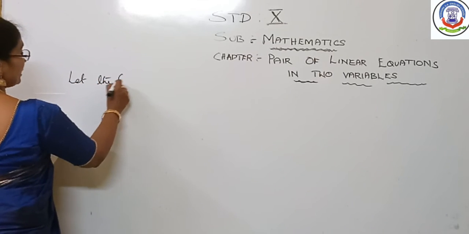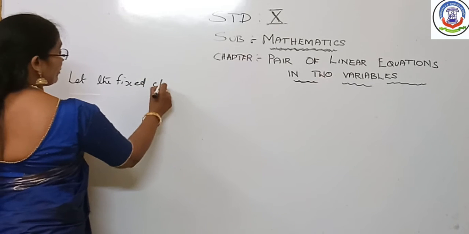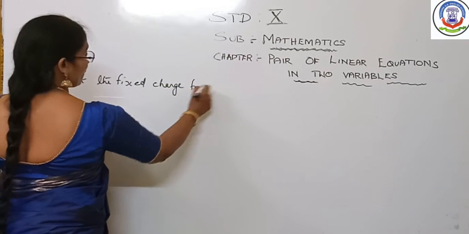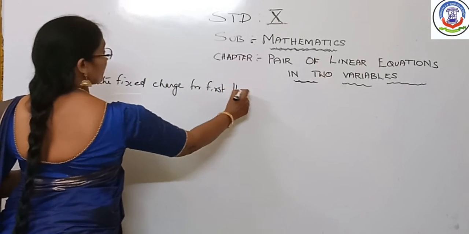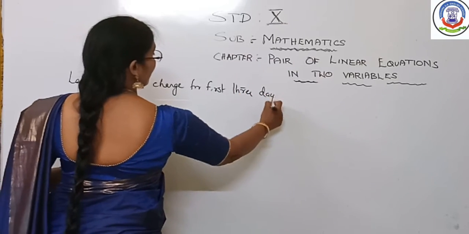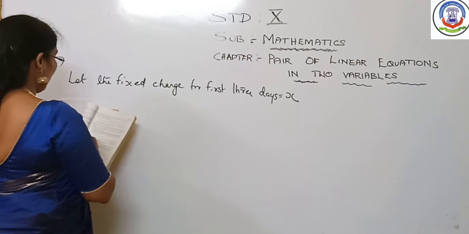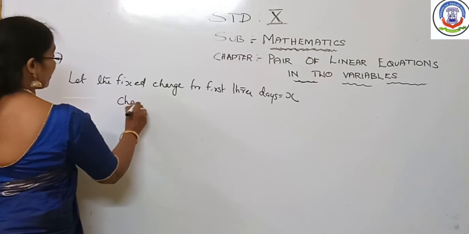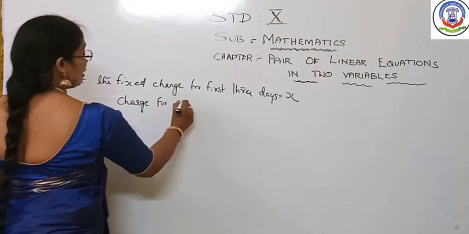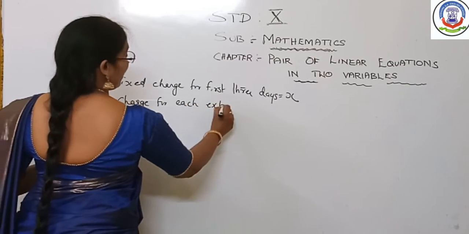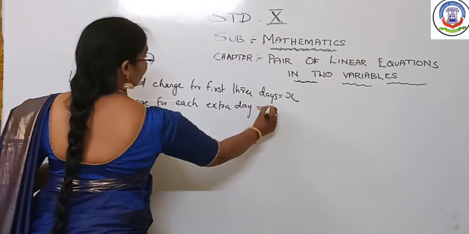Let the fixed charge for the first 3 days be x, and let the charge for each extra day be y.